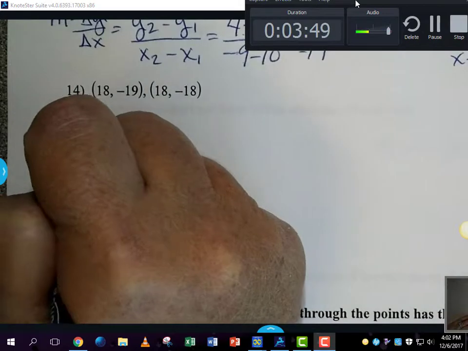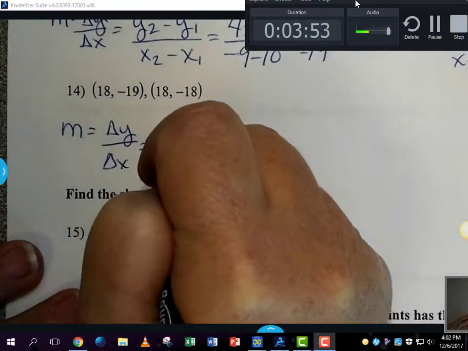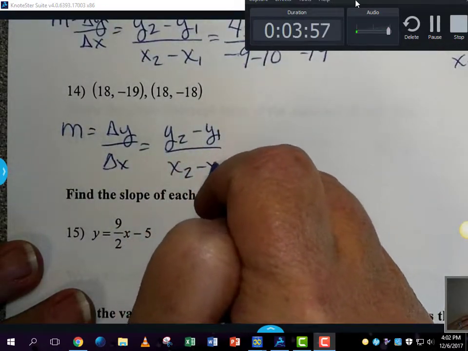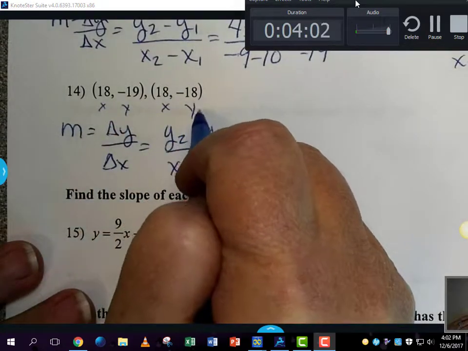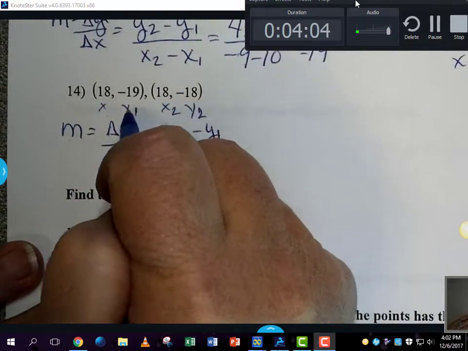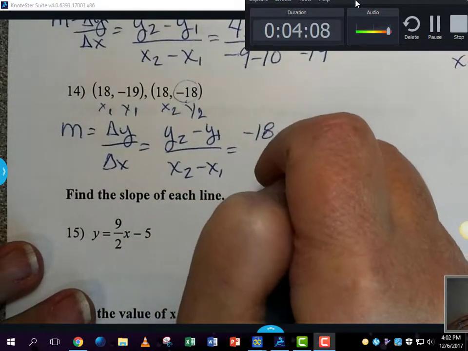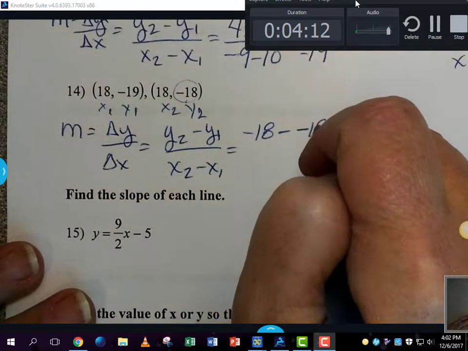Alright, and the last one, m equals the change in y over the change in x. Y sub 2 minus y sub 1 over x sub 2 minus x sub 1. So x, y, 2s, 1s. I have negative 18 minus, because that's part of the formula, y sub 1 is negative 19.